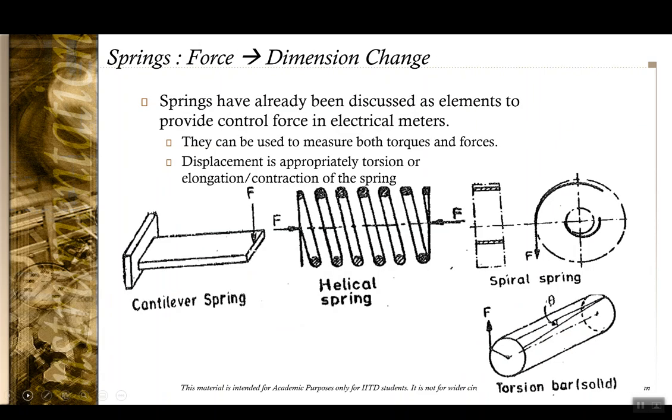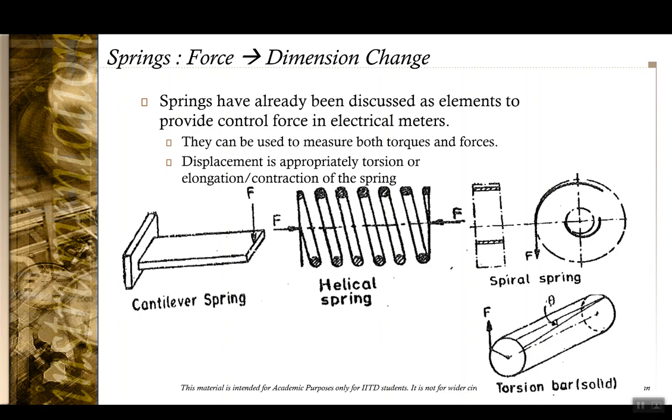Next, we do have springs, which also can be used as force measurement transducers. You would recall the usage of control springs as control elements in electrical meters, in analog ammeters and analog voltmeters.